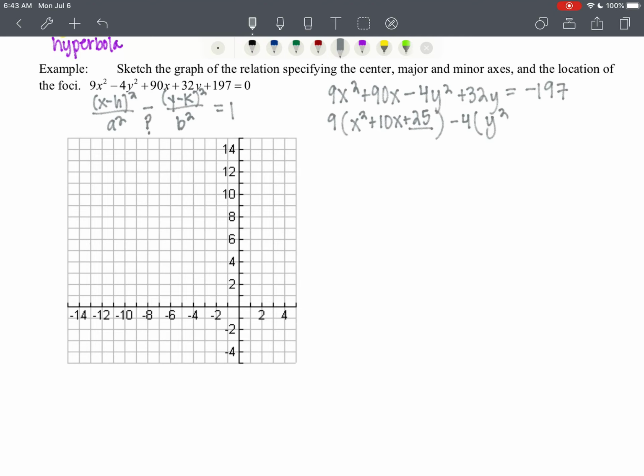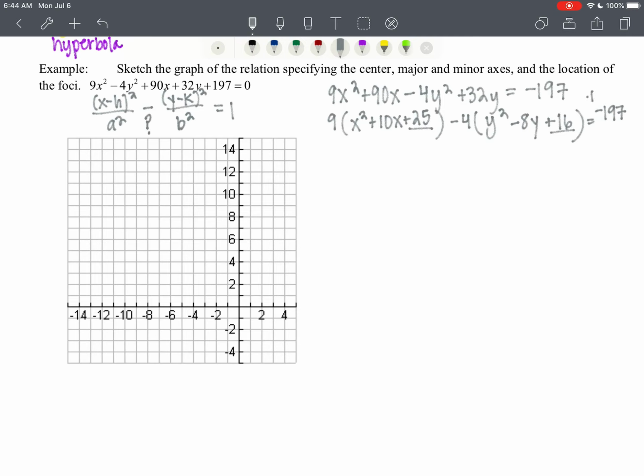And then we're going to factor out the negative 4, and 32 divided by negative 4 is negative 8. And half of 8 is 4, and 4 squared is 16. And then 16 times negative 4 is negative 64. So what did we do?